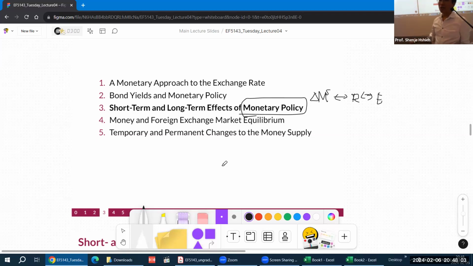We have two sets of equations. We can look at the analysis through the math, but we can also look at everything through graphs. So let's first look at how things work when we change money supply just within the money market, so we don't have to think too far into the UIP equation yet.